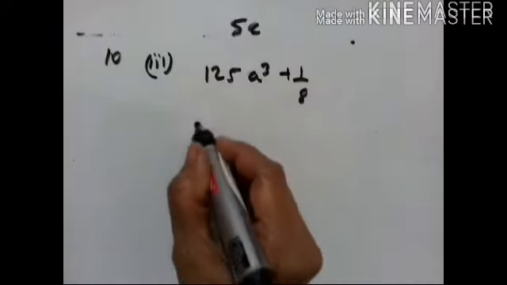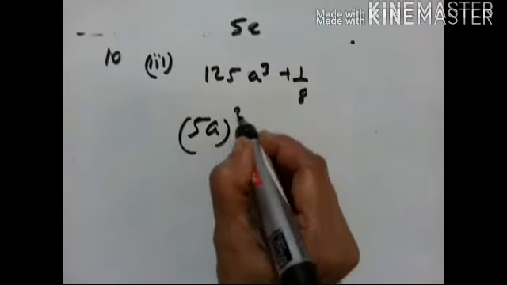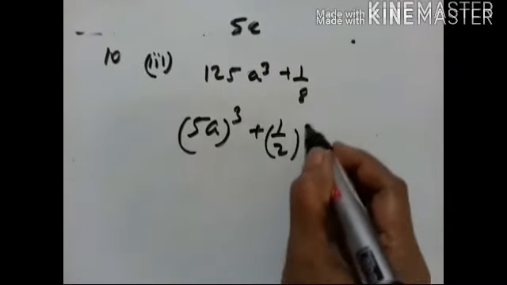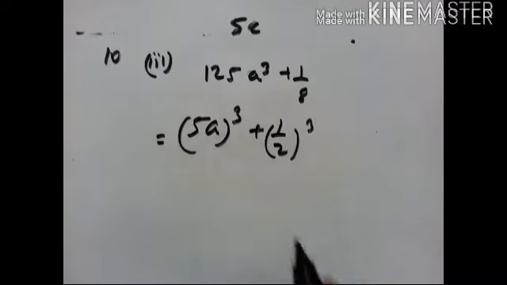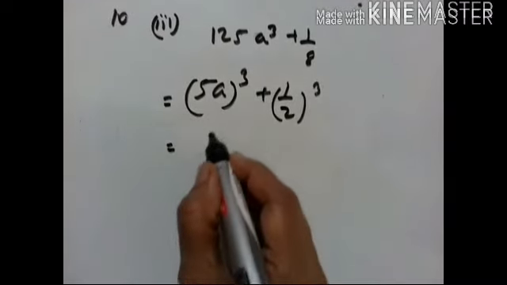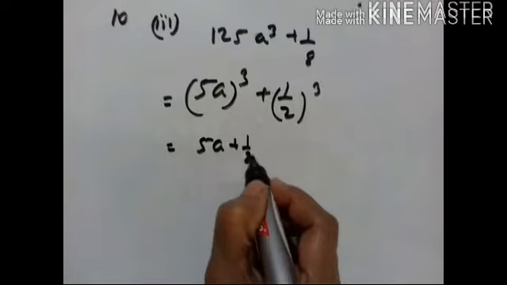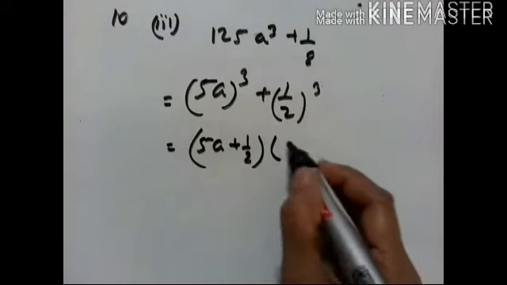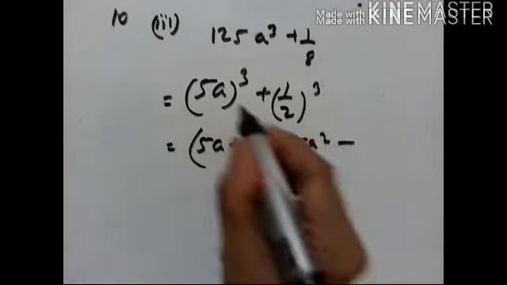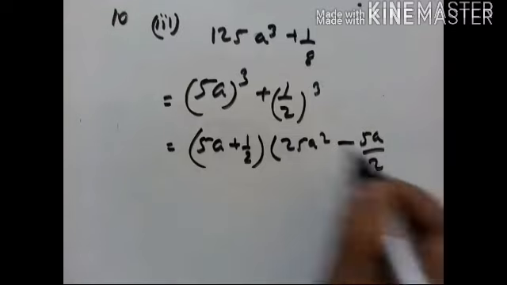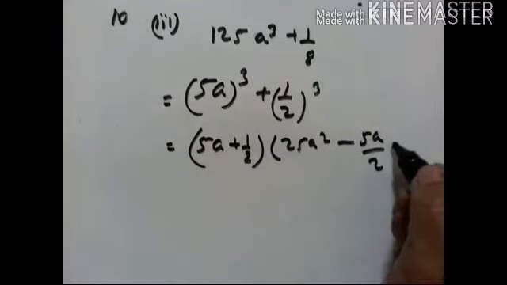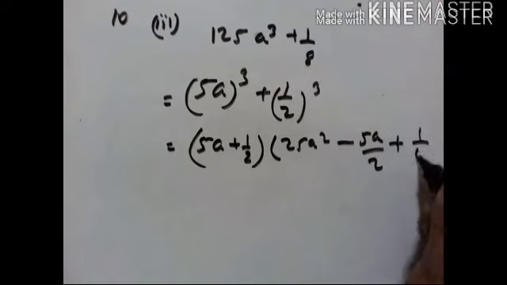Cube root of 125 is equal to 5. 5a cube plus 1 upon 2 cube. a cube plus b cube is equal to (a + b) into (a squared minus ab plus b square). (5a + half) into a square, 25a square, minus ab, 5a into half is equal to 5 upon 2, plus b square, 1 upon 4.